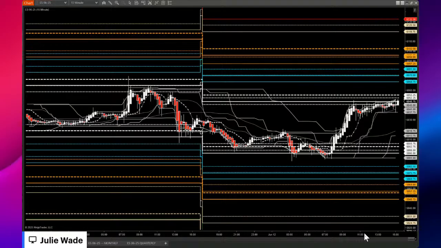You can also set it on price change as well, and that'll get you the current bar.